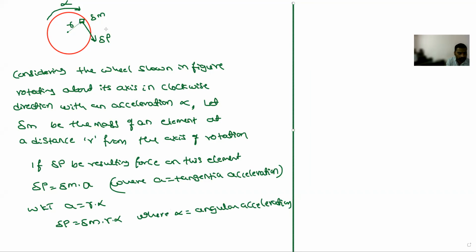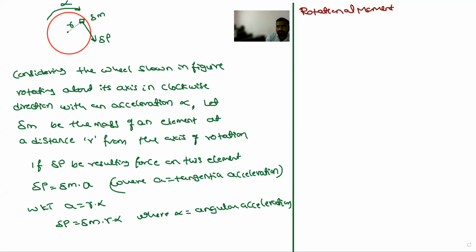Okay, next, the rotational moment. Can you tell me what moment is first? Force into perpendicular distance. So I want to find the rotational moment of a small body. How much is the force acting on the small element? Force acting on the small element is delta P. What is the distance between delta P and the axis of rotation?